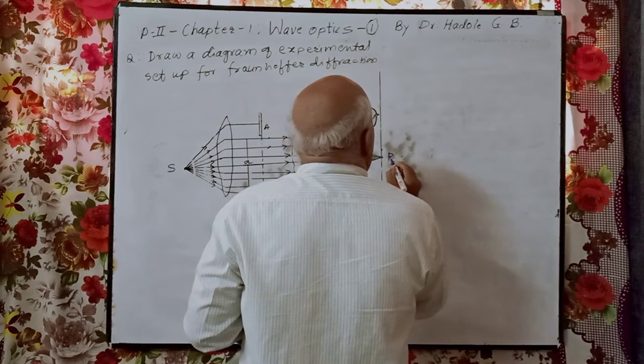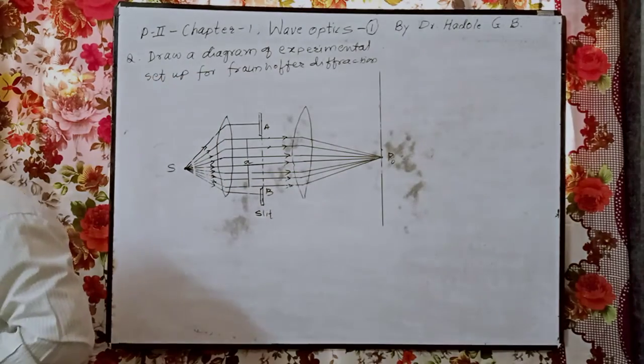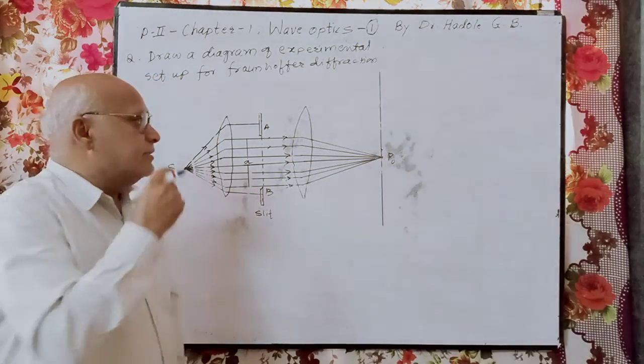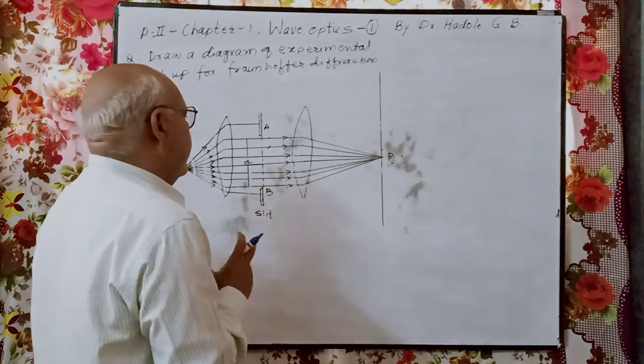Suppose this is P0. P0 is the maximum intensity point.